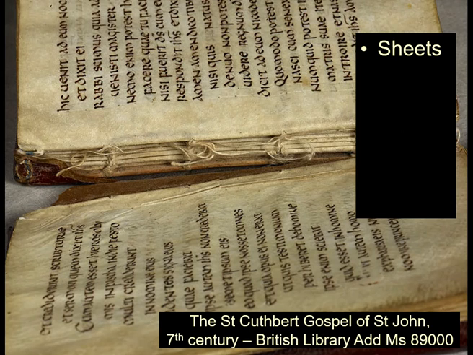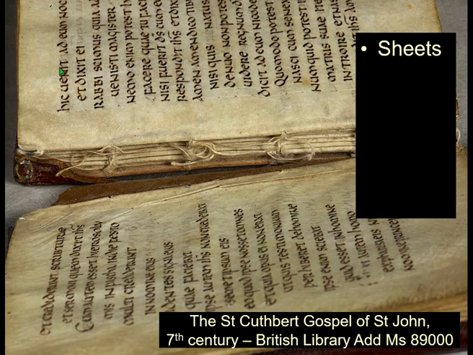So when you actually make an actual book, you take sheets of something or other. This is a very old book. It's from the 7th century and is actually made in England. It's made of vellum or something like that, again, made of animal hide.